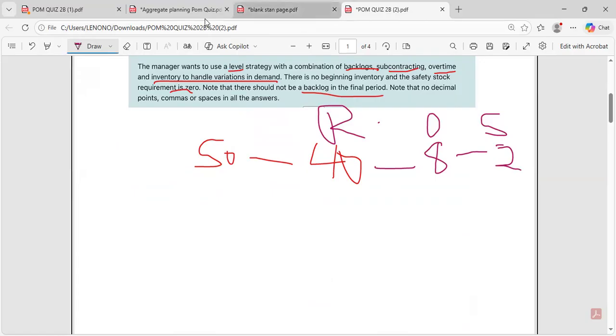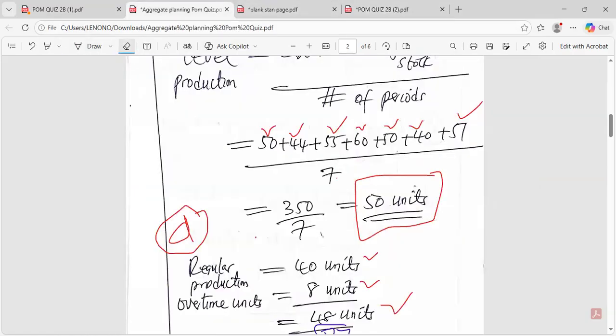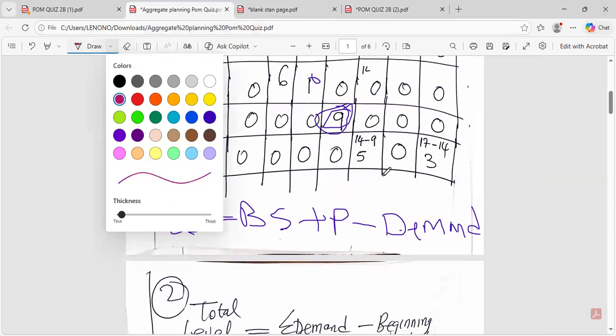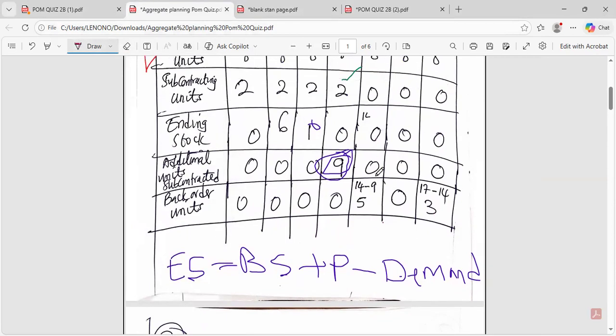So this is why we are subtracting here 14 minus 9, we are getting 5. That was a back order unit.